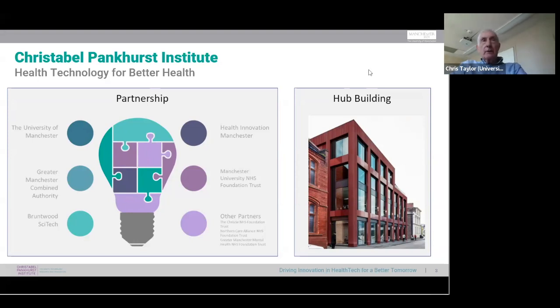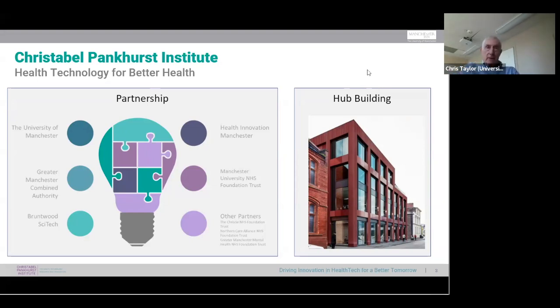For anyone who doesn't know, the Christabel Pankhurst Institute is a partnership. It's hosted by the university, but it's a partnership with Greater Manchester Combined Authority, Bruntwood SciTech, Health Innovation Manchester, and the Manchester University NHS Foundation Trust. Those were the founding partners.